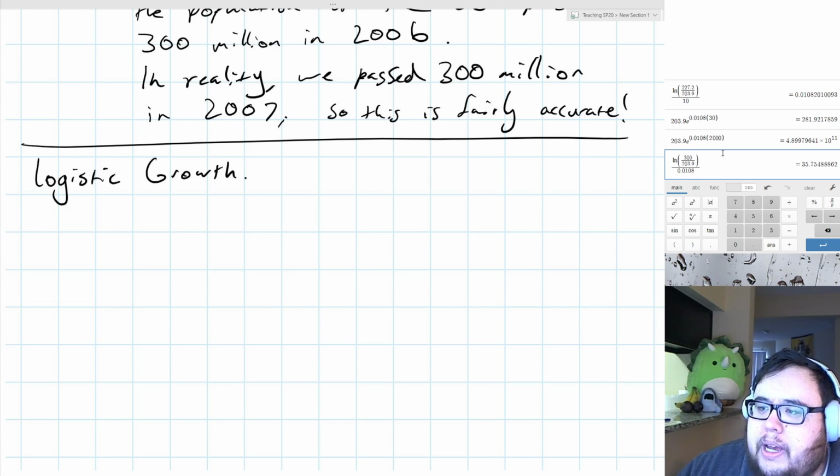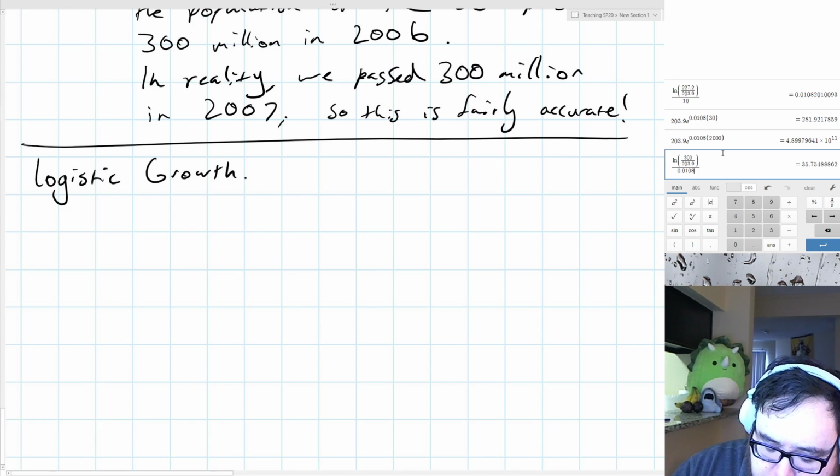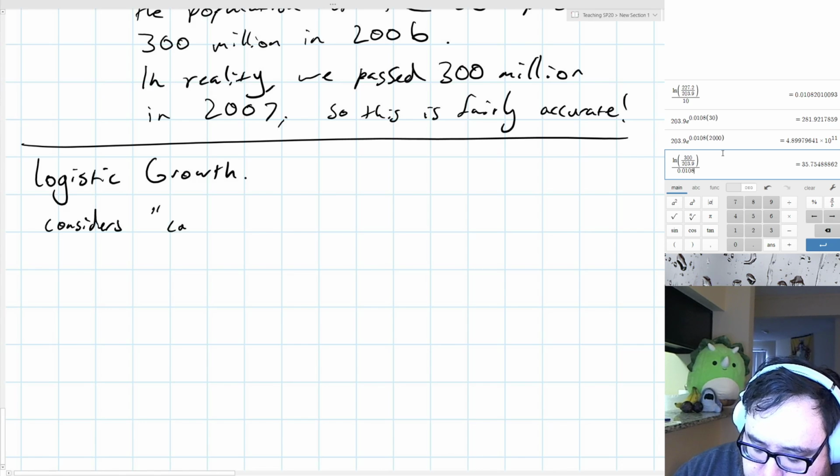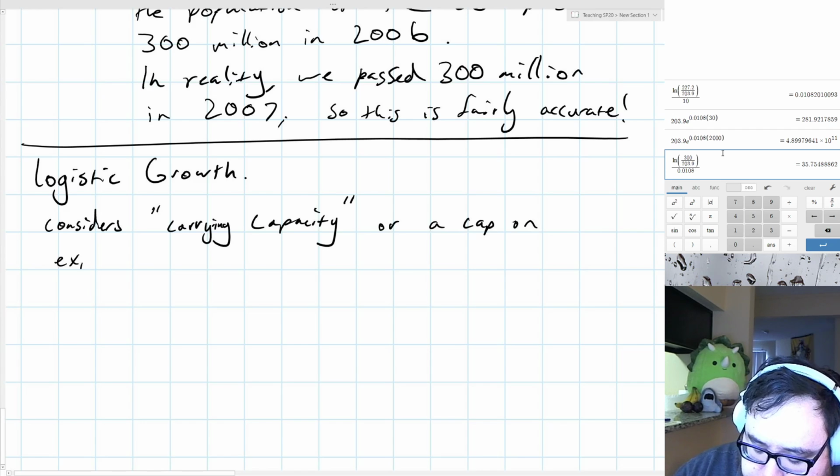In particular, it accounts for the fact that growth in the real world is always capped. Like there's always going to be some cap on a population. Okay, so logistic growth considers what's called carrying capacity, or a cap on exponential growth.